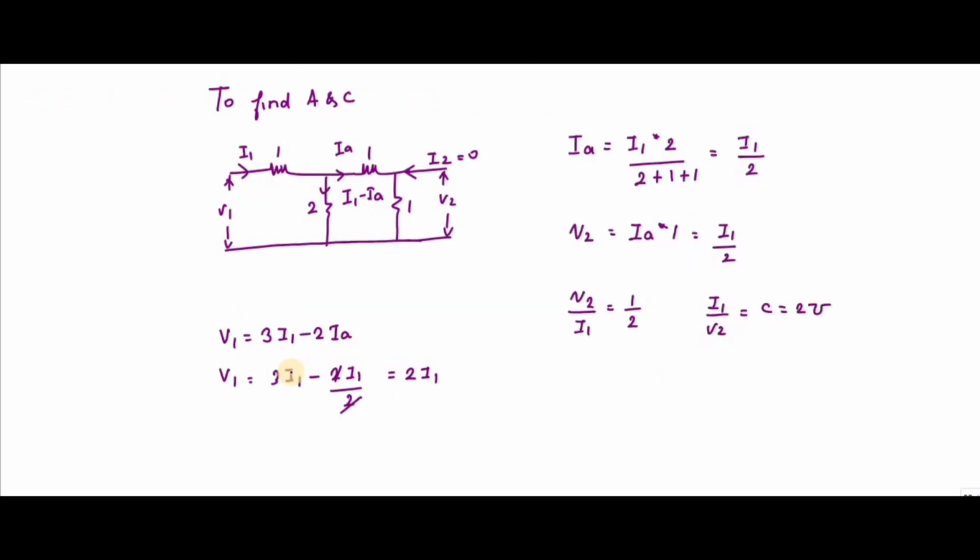I need the value of V2, and V2 is equal to I1 by 2. So what is A? Substituting V1 equal to 2I1 and V2 equal to I1 by 2, A is equal to 4. Since V1 by V2 is a voltage gain, there is no unit for this one.